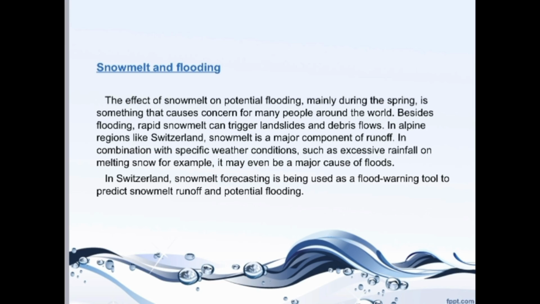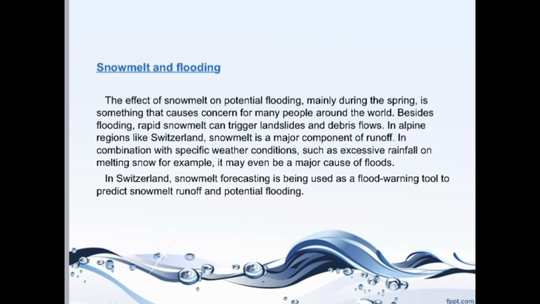In combination with specific weather conditions such as excessive rainfall on melting snow, for example, it may even be a major cause of floods. So excessive rainfall on melting snow can be a major cause of floods. In Switzerland, snowmelt forecasting is being used as a flood warning tool to predict snowmelt runoff and potential flooding.